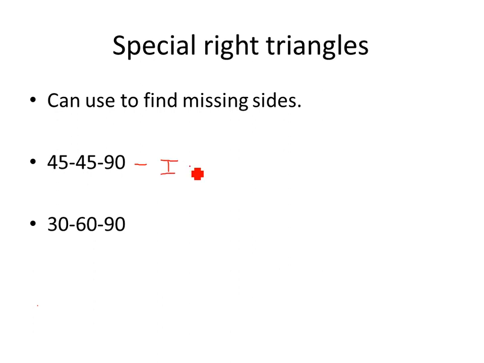That's close. Isosceles. It's an isosceles right triangle. The reason it's an isosceles right triangle is because 2 sides are the same measurement. The two legs are the same, and you have your right angle in there.